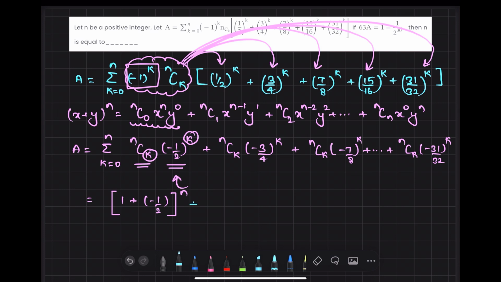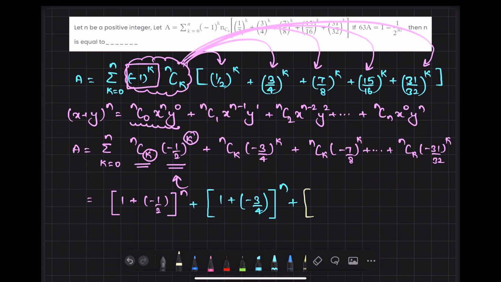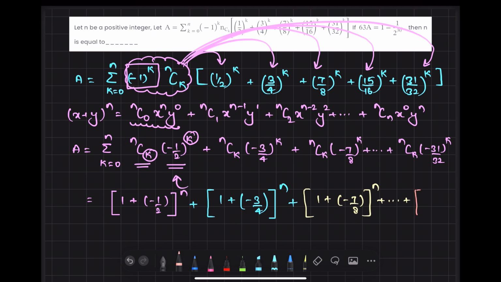And the next term will be 1 plus minus 3 by 4 power n, plus 1 plus minus 7 by 8 power n, dot dot dot, and then we have 1 plus minus 31 by 32 power n. This is correct or wrong? Correct. So this must be the expansion of that part.